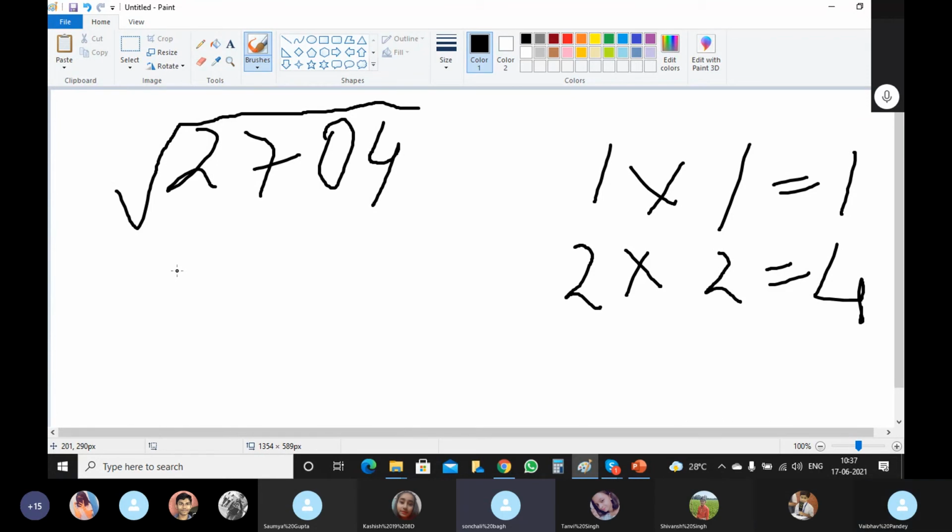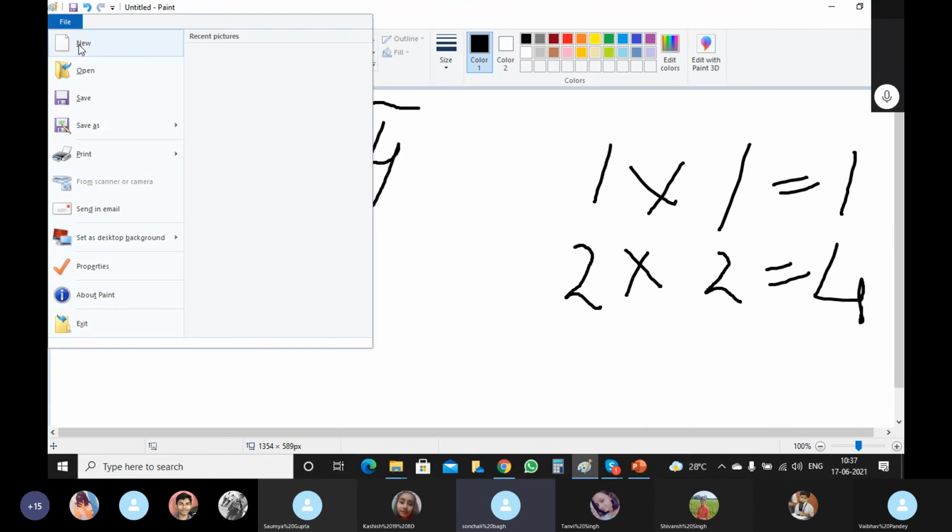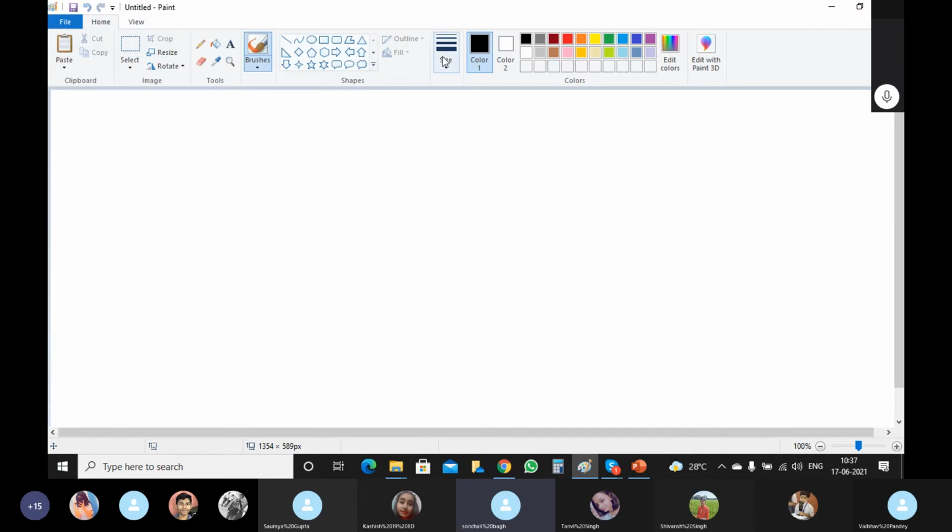Okay, now let's come to the 13th one. In a school of 4,500 students, the PT teacher wants to make students sit in rows in such a way that the number of students in each row is the same as the number of rows.